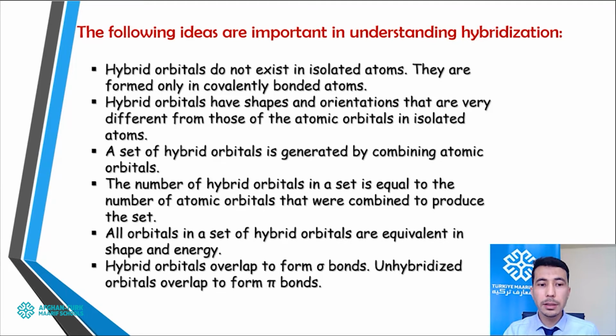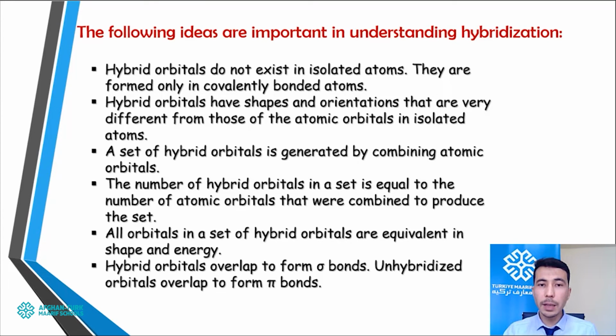The next thing is that the shapes of hybrid orbitals are totally different from their parent orbitals. For example, an sp hybrid orbital will not totally resemble the s orbital or the p orbital. They have shared their similarities and formed a new hybrid orbital. The shape will be different.